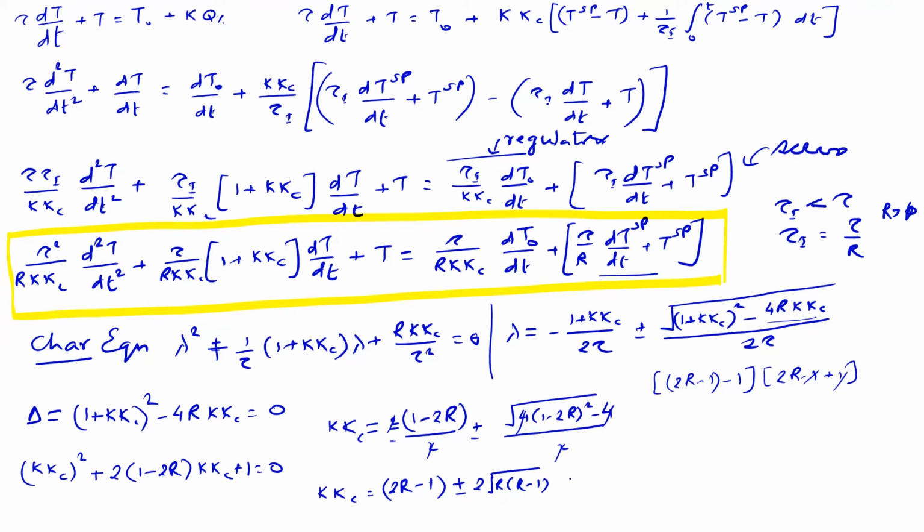So 2 comes out of this radical. Yeah, so this is fine. So these are the two limiting values of kkc, and if kkc is between these two limiting values, then we will get imaginary, conjugate complex roots for the characteristic equation.